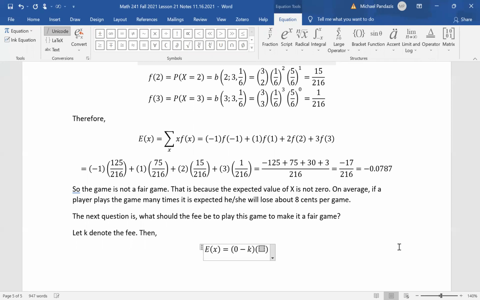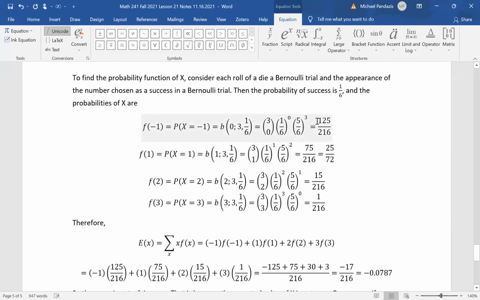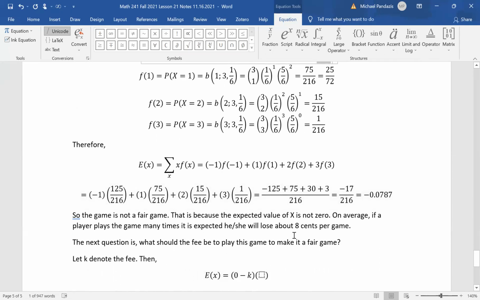The probability of that is 125 over 216, which was the probability that, when the fee was 1, your net gain was negative 1, that is, the number you chose appears 0 times. Even though the fee has changed, the probability that your number appears 0 times is still 125 over 216.